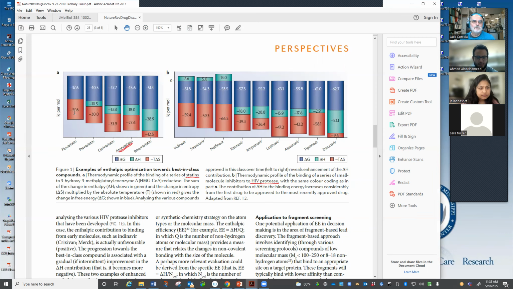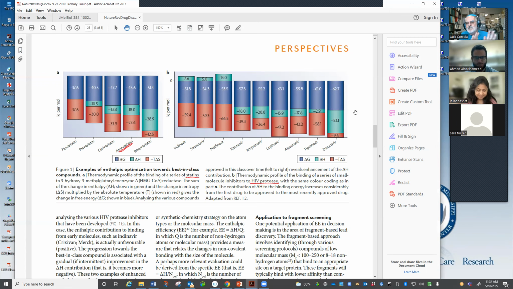This first drug is primarily entropic, and then by the time you get over here, there's a combination of enthalpic and entropic. And then this family of drugs, it's the same thing. We're getting a slight increase in affinity, but we move from something that's predominantly entropic to something that is predominantly enthalpic with some entropic contributions.